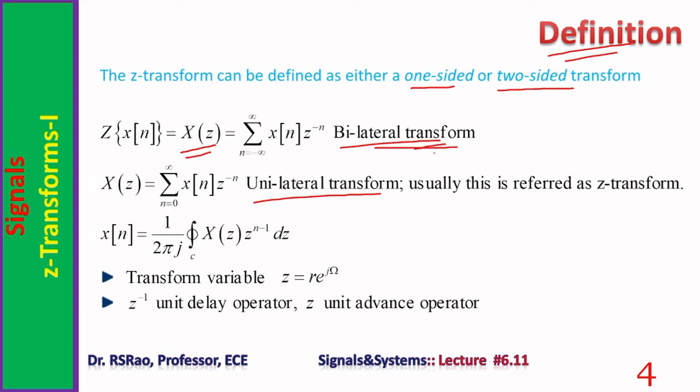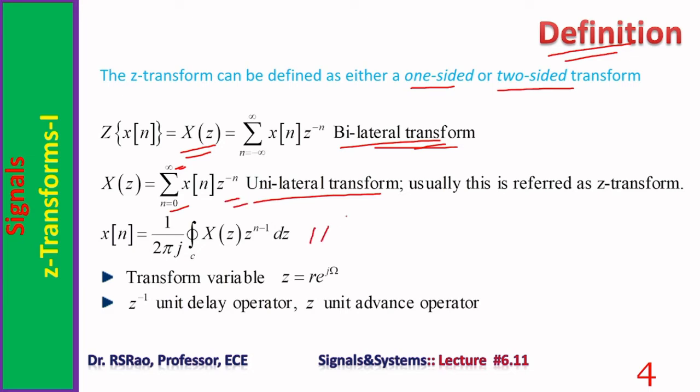One can define a unilateral transform also for a sequence. The definition is the same as the bilateral transform except for one difference. Here the summation is from 0 to infinity instead of minus infinity to plus infinity. So the unilateral transform of a sequence x of n is designated as X of z, and it is equal to sigma n equals 0 to infinity x of n z power minus n.